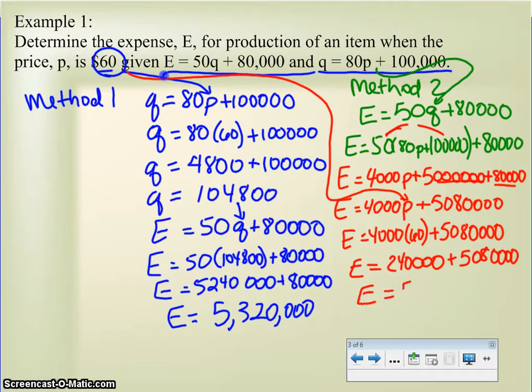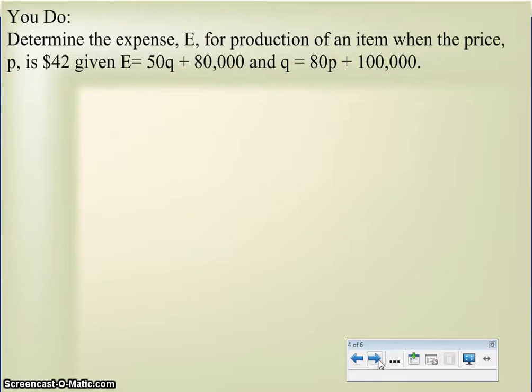Adding those together, I get 5,320,000, just like I did before. So it says different methods, but it's really just doing one first versus the other, and the other one is just switching it. I want you to go ahead with the check your understanding, press pause, work through it with the method of your choice, and then come back when you're ready and we'll solve.